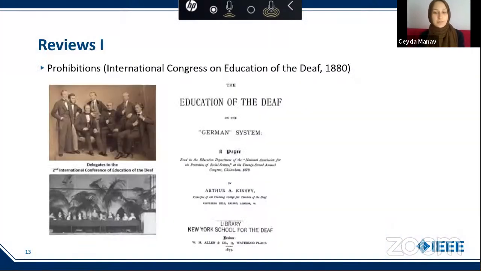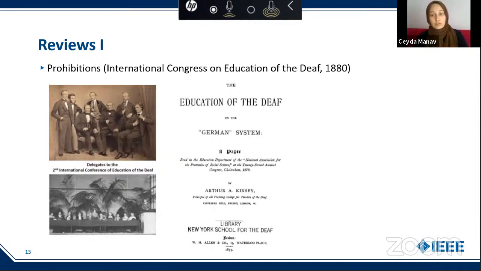Let's start. When the computer-based translation studies are examined, it is seen that the desired level of translation success has not been achieved yet. One of the reasons for this is that many difficulties are encountered when translating from an auditory vocal language to a visual gestural language. The first of these difficulties is that there are not enough studies on the grammatical structure of TID.